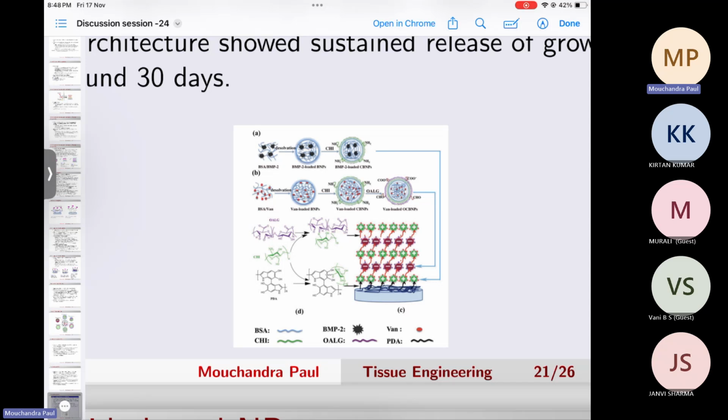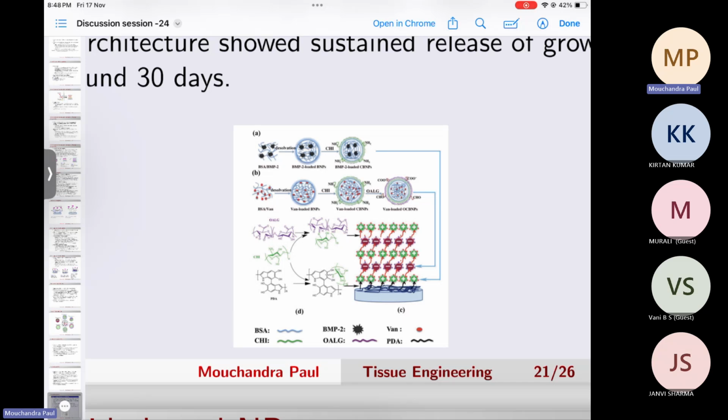Now these two types of oppositely charged nanoparticles were layered on top of a titanium surface. This titanium surface was first coated with polydopamine, all right, and made highly adhesive in nature, and then on top of it the oppositely charged nanoparticles are assembled in a layer by layer manner.